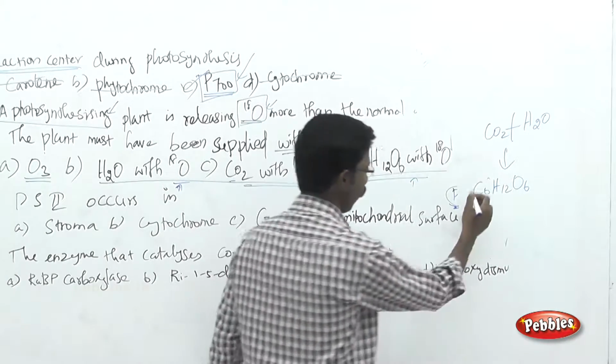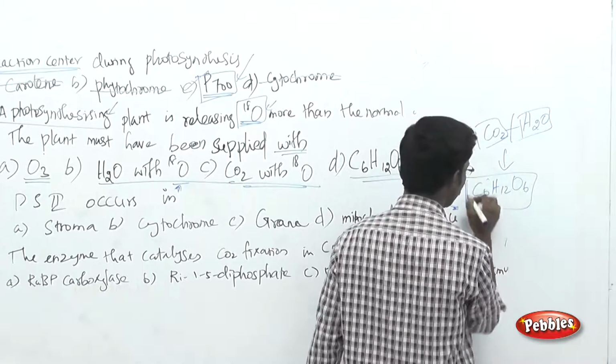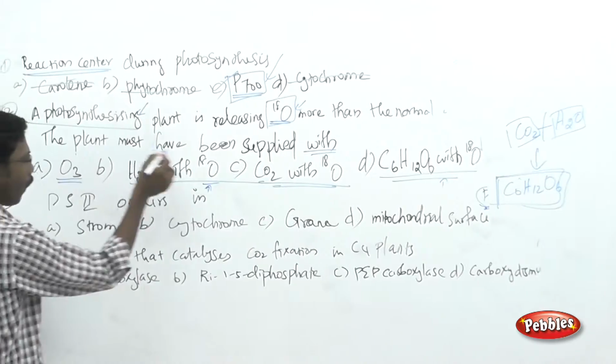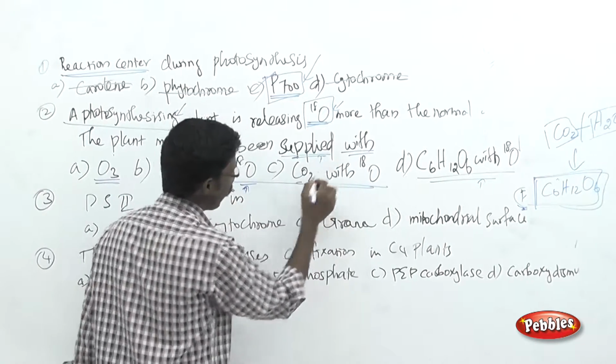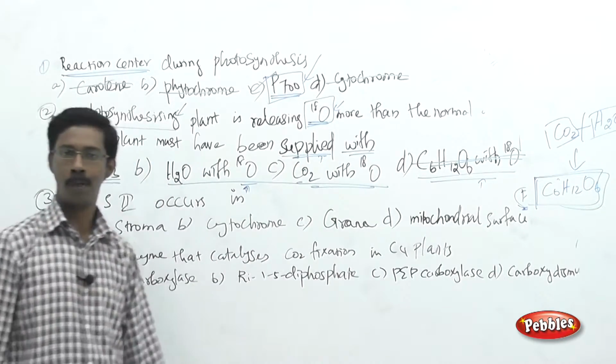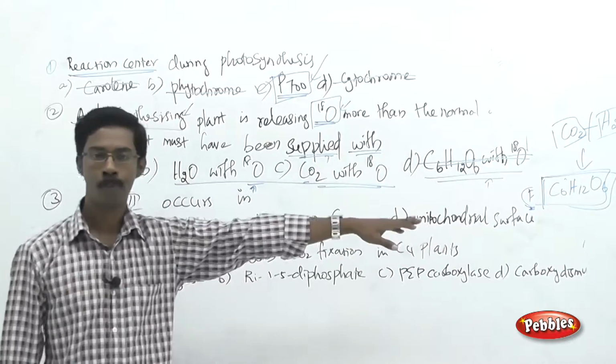Okay. So reactants are carbon dioxide and water, products are sugar. Okay. So 'supplied with' is talking about the reactants. So you can easily eliminate the sugar being substituted with the oxygen, because sugar is the product going to be produced from photosynthesis.